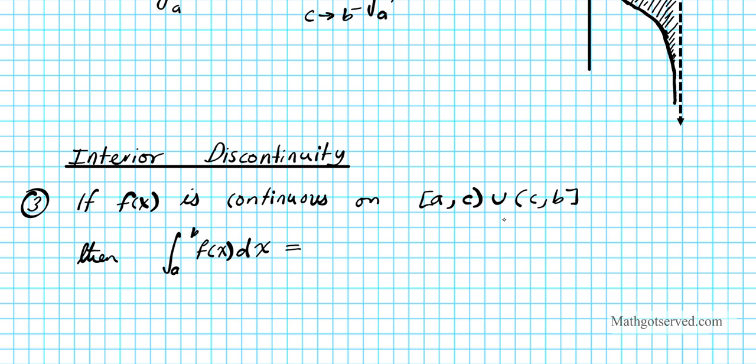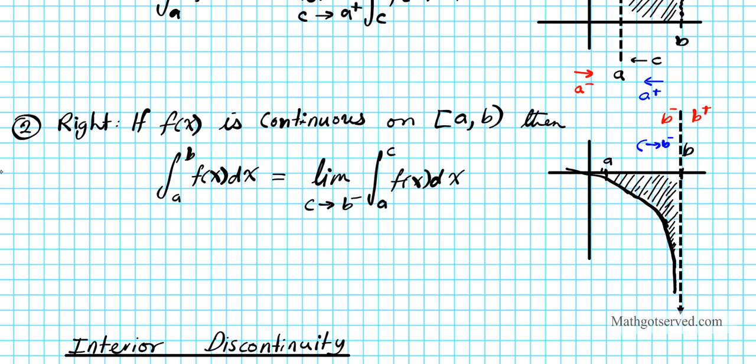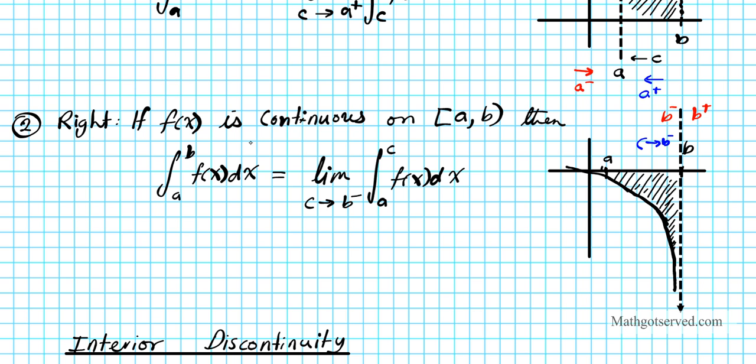Well, we have to take a break at the center. So we're going to divvy this up into a combination of the left and the right hand situation that we considered up here. This case right here that we have first is the right, and then this is the left. You see the interval from a to b, b not included, a included. Well, that's here.